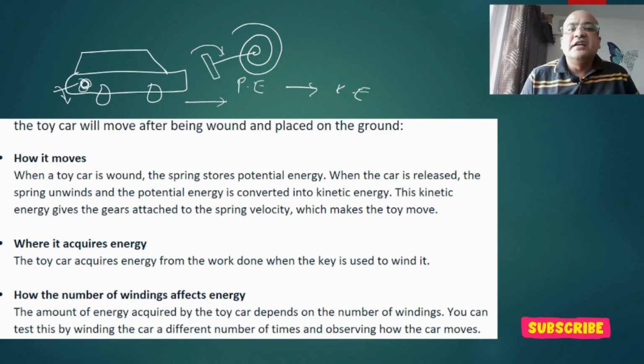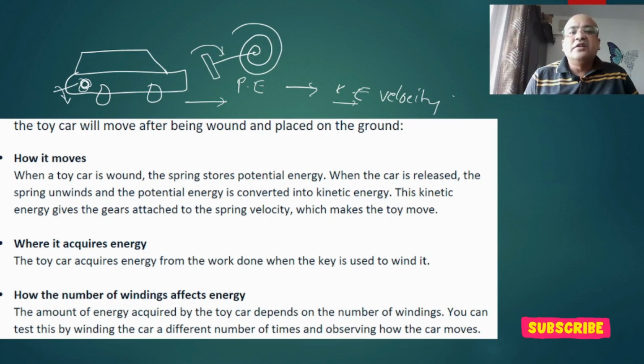This kinetic energy gives the gears attached to the spring the velocity they require to move ahead, and this makes a movement in the car. How does it acquire the energy? It acquires the energy when the key is used to wind it. How do the number of windings affect the energy?